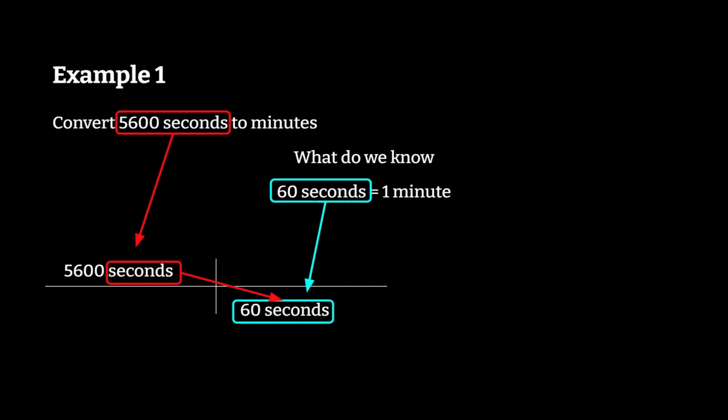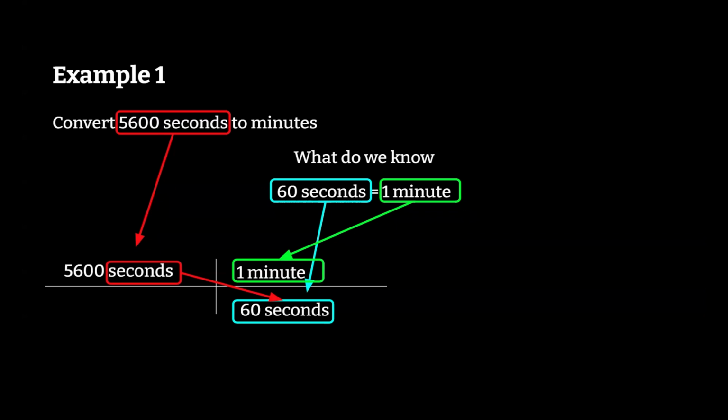Now, on top is going to be whatever is equal to those 60 seconds. In this case, the 60 seconds is equal to 1 minute, and that goes on top right there. How we solve this is that we multiply the top and divide the bottom.